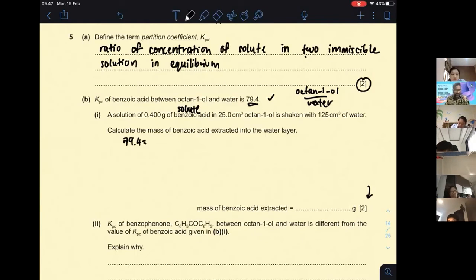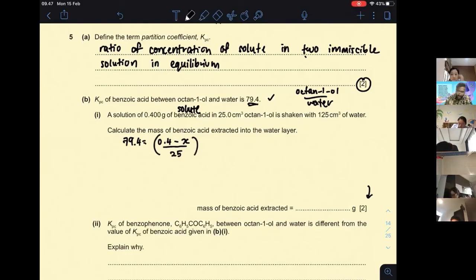So in this case, for concentration I'm using the mass straight away. Now the mass, I have 0.4, and obviously some of the mass will go into water. So imagine I'm taking X as the one that will go to the water. So I put 0.4 minus X for the octane-1-ol, divided by 25.